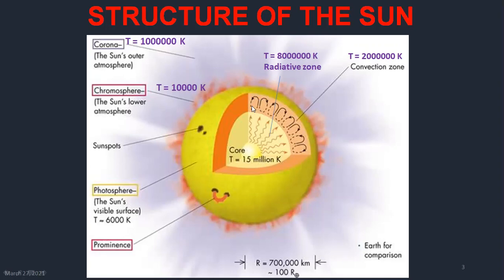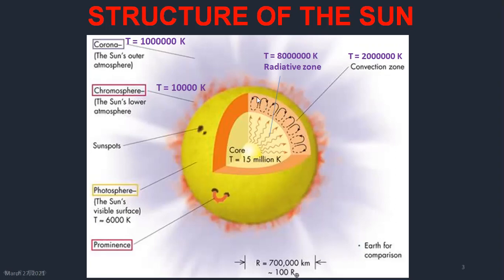The density and temperature of the convection zone are not as high as those of the radiative zone and core. That's why in this region, the material itself goes from high temperature to low temperature and vice versa. So in the convection zone, the energy propagates via the process of convection.